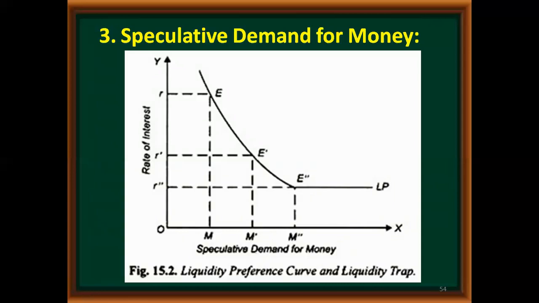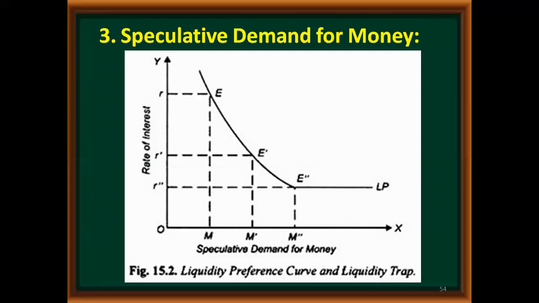Similarly, if the rate of interest is falling from OR single dash to OR double dash, then our demand for speculative purposes will increase, and it will reach the point E double dash.